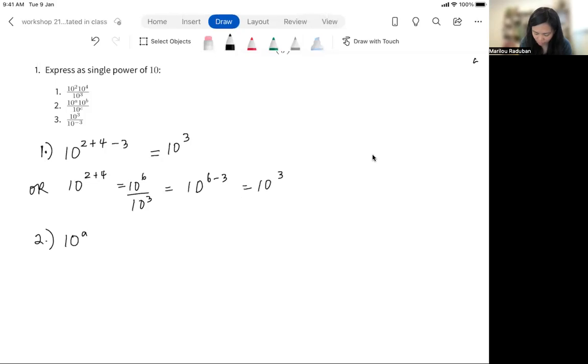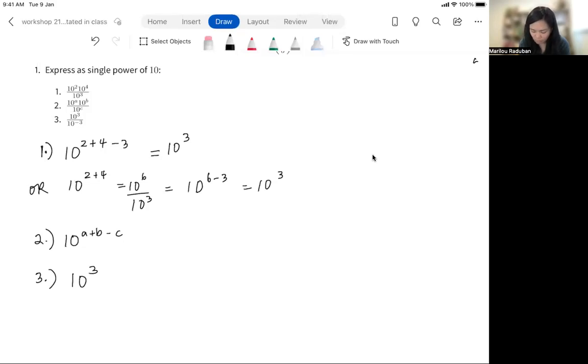You'll have A plus B minus C. C is in the exponent of the denominator, so that becomes a negative C, or you're subtracting C. Next one, 10 exponent 3 divided by 10 exponent negative 3, but it's a division, so you need to subtract the exponents.